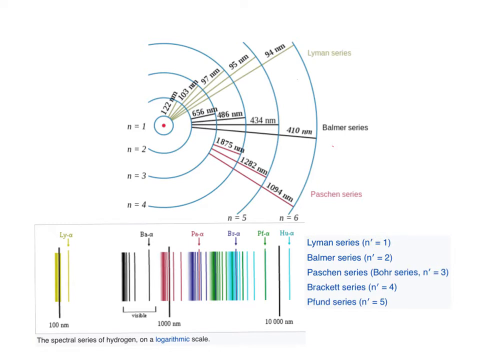So if we are to take all the possible transitions that electrons can make, and let's say we have a population of hydrogen atoms in a gas discharge tube, that means we're going to have billions and trillions of these hydrogen atoms. Even though it would be at a low pressure, there still will be countless atoms.